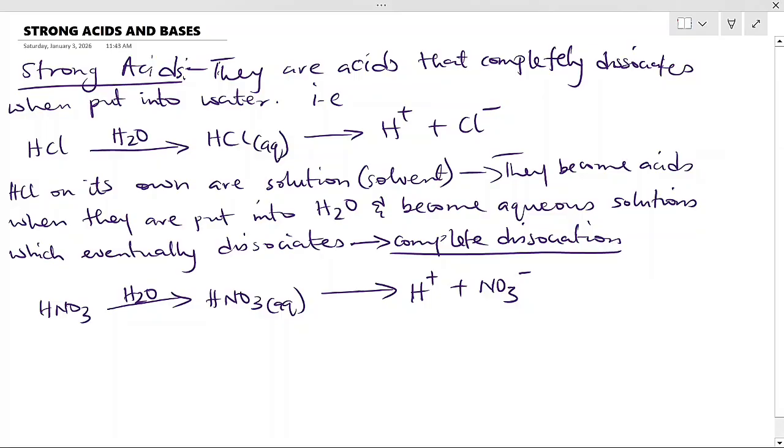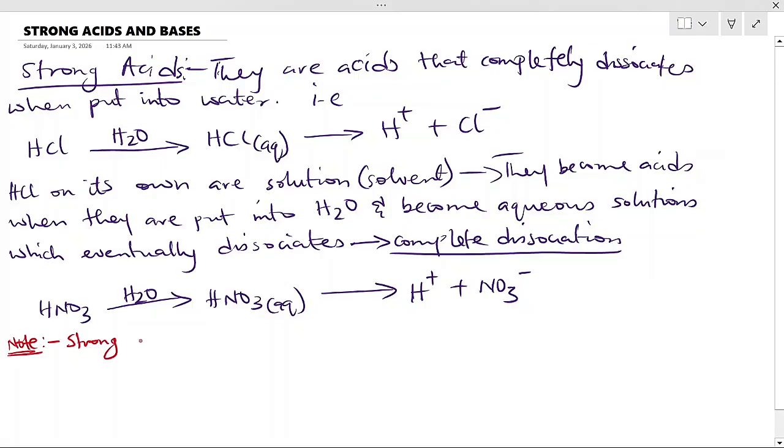But strong acids do not have any equilibrium constant, basically because there are no reactants left over as they completely dissociate, with their component parts floating around in solution. I like to note that down in red, worthy of note.